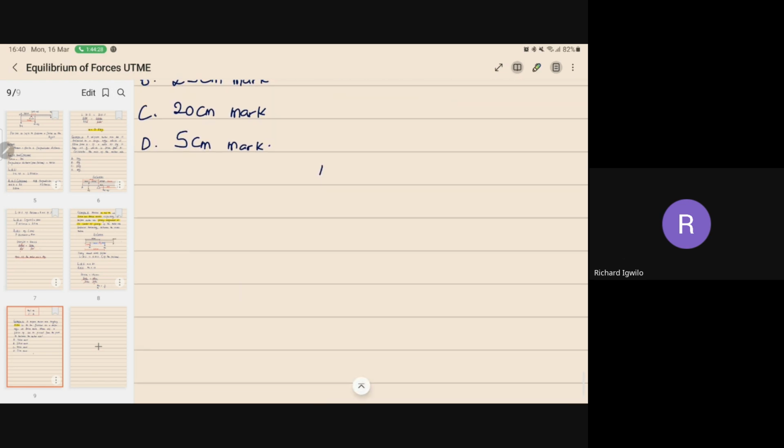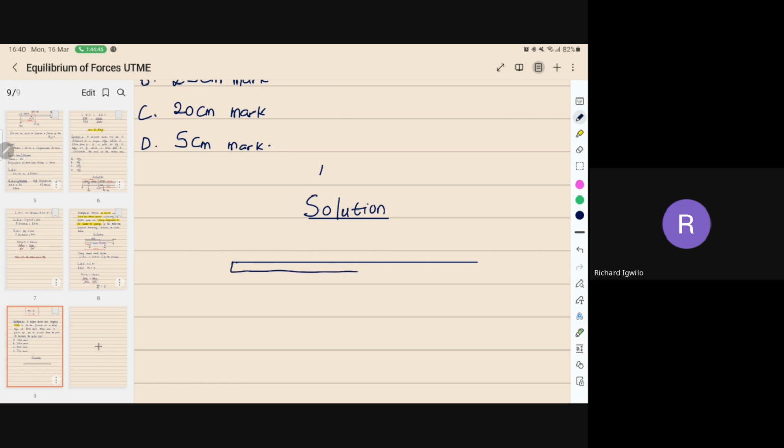So let's first of all start by drawing the uniform meter rule. So our solution: let's quickly draw the meter rule. Let's have our meter rule drawn from here.